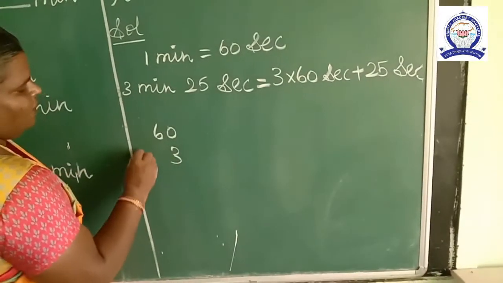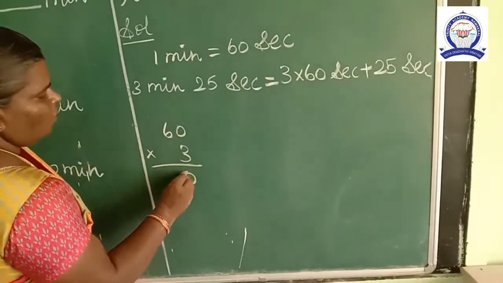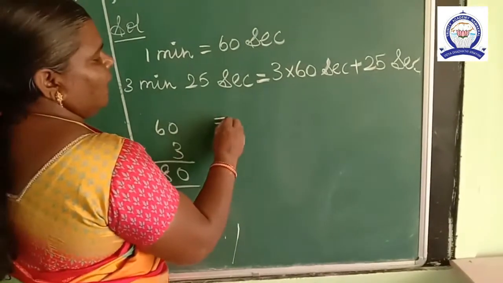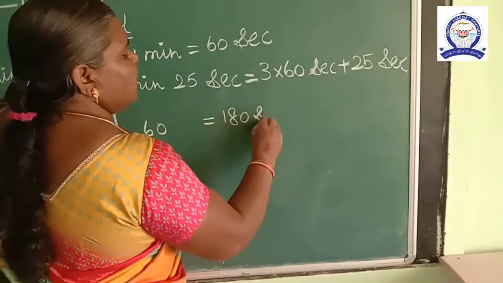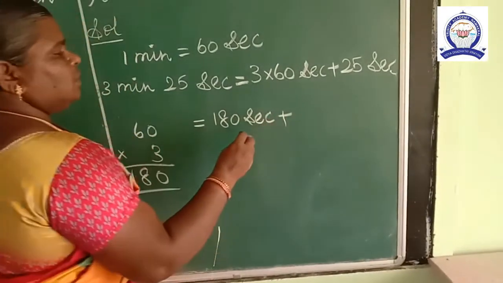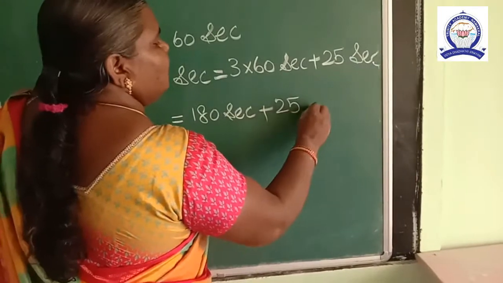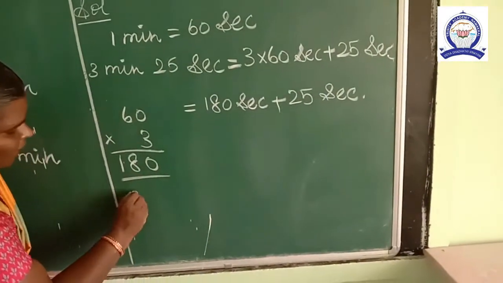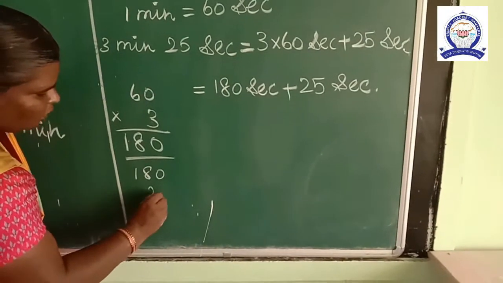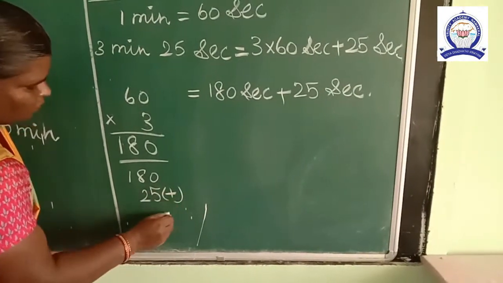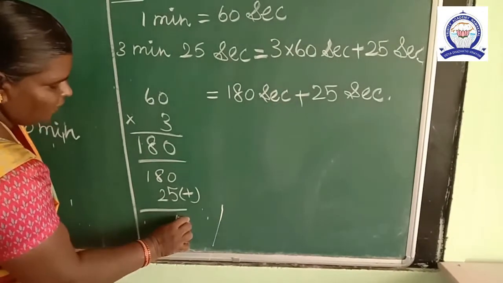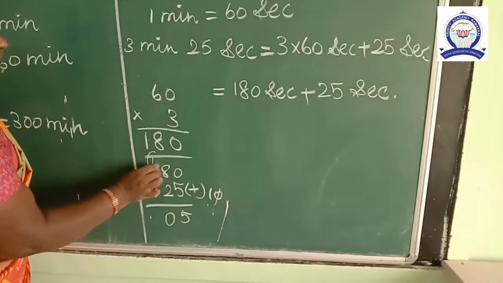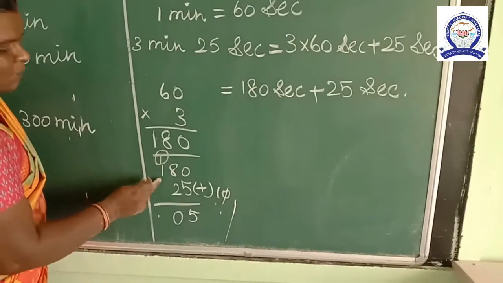60 multiplied by 3. 3 0 0, 3 6s are 18. We get the answer 180. 180 seconds plus 25 seconds. Write 1 by 1 and add 180, 25. 0 plus 5, 5. 8 plus 2, 10. 0 only you write in one's place. 1 is carrying over in 100's place. 1 plus 1, 2.